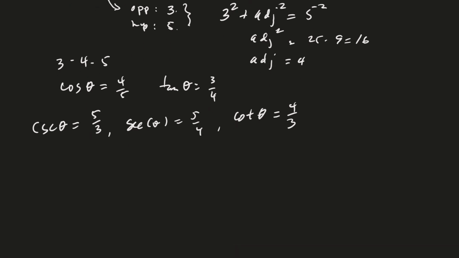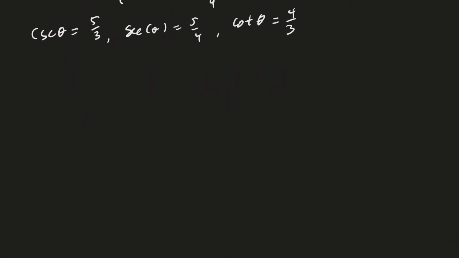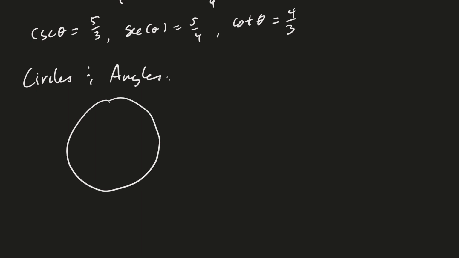From this, let's talk a little bit about angles and circles, and then we'll see where this fits. So we know that a circle, if you draw it on the xy-axes here, the equation of a circle of radius 1 is x squared plus y squared equals 1.